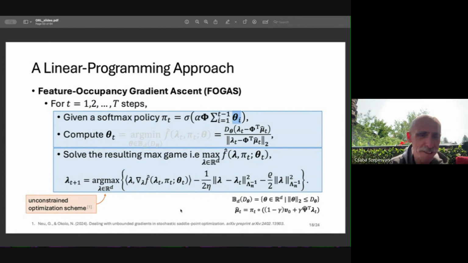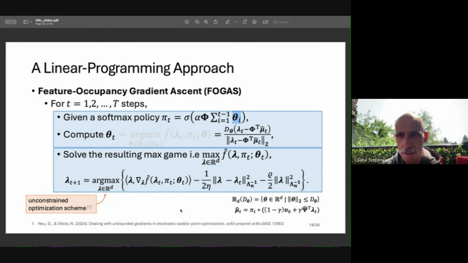Maybe you can confirm that my understanding is correct, that the update for lambda t is basically an iterative gradient descent type of update, which tries to stay close to the previous parameter and also optimizes the linearized version of the objective a little bit, and that's it.